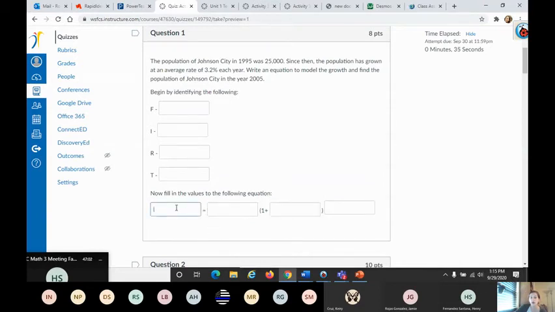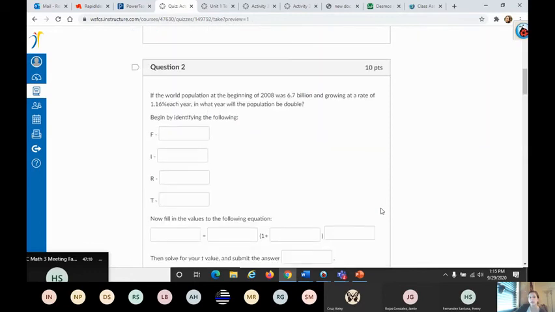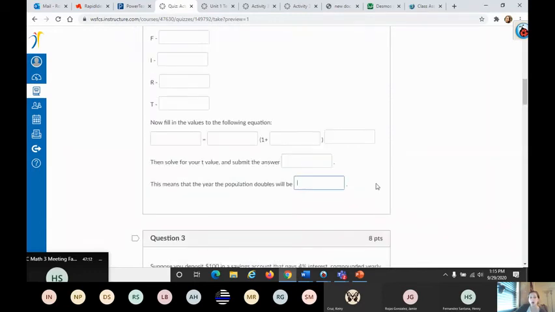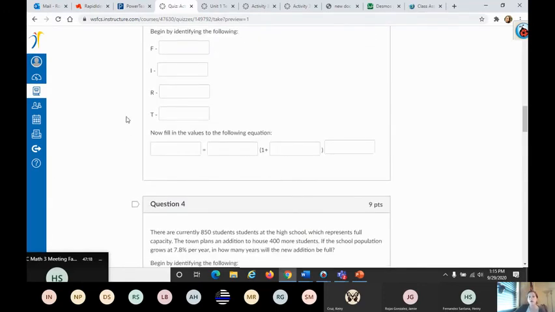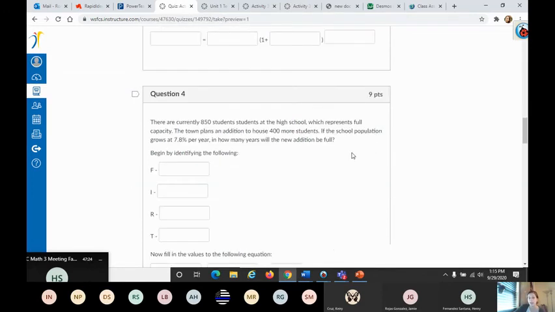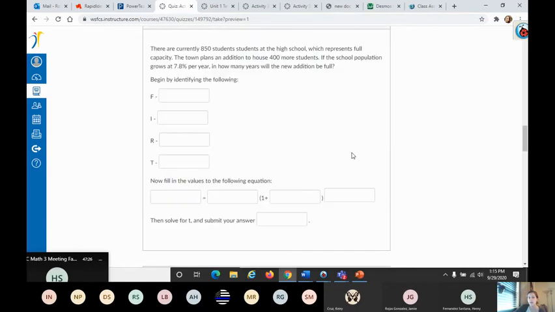Okay, so you'll have your Y value here, or your final value, your initial, your rate, and your time. Some of them will ask you to also solve for parts of the problem, okay? But for all of these, you're identifying your F, your I, your R, your T, and at least filling in the equation, if not solving for something else.